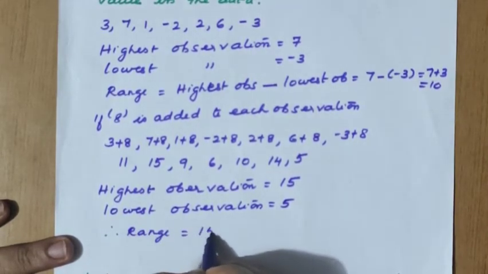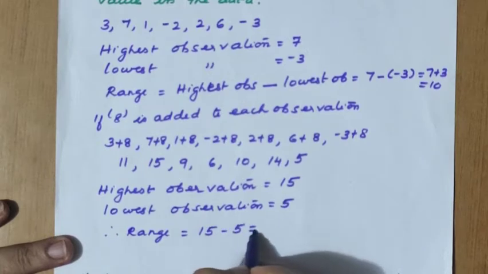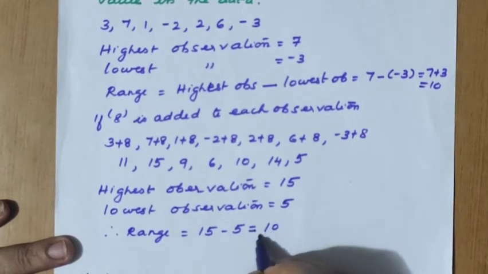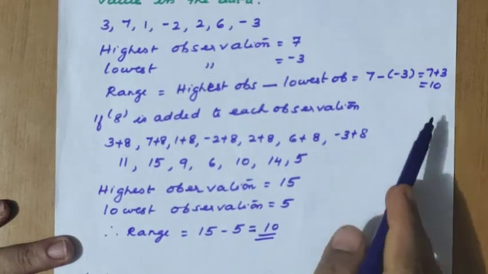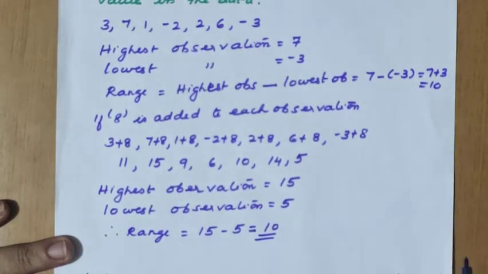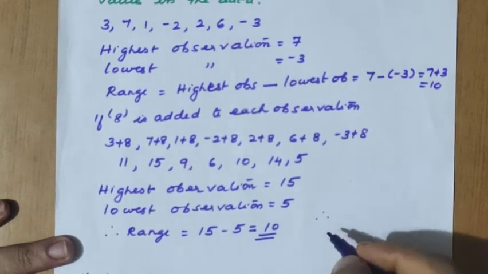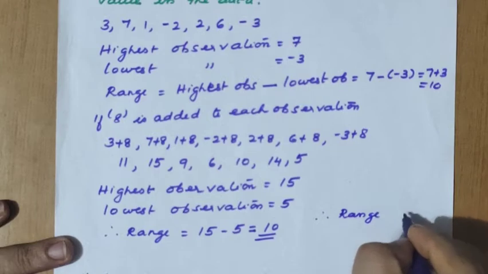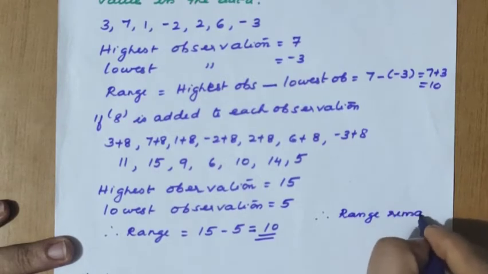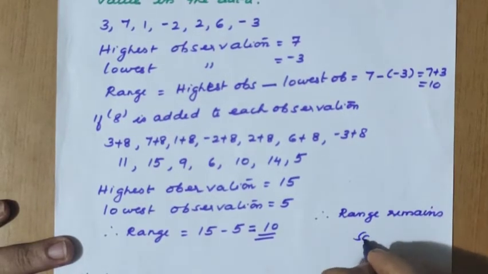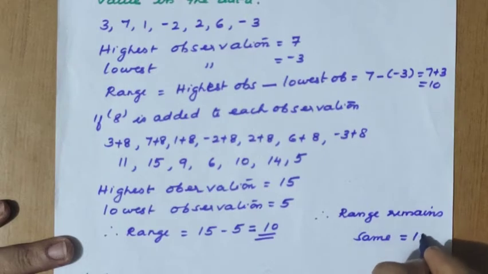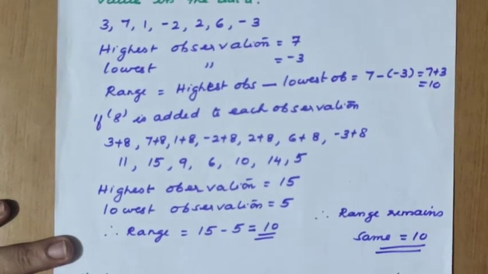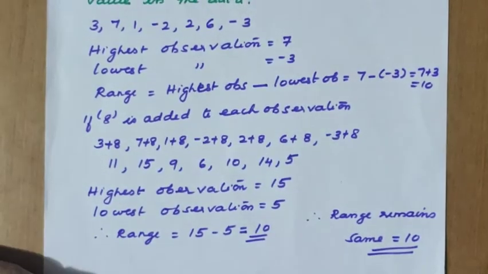Range is equal to, again there is no need of repeating the formula, 15 minus 5, it is equal to 10. So range, whether it will change, in the previous case also we got 10, now also we are getting 10. So what is the conclusion? Range won't change. Range remains same, equal to 10. In both the cases it is equal to 10 only.